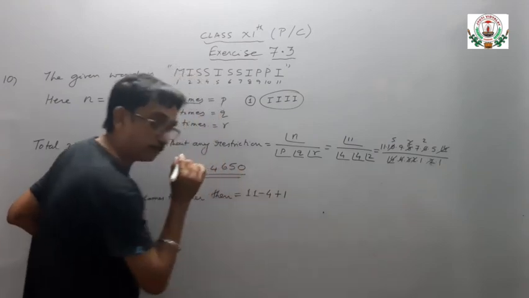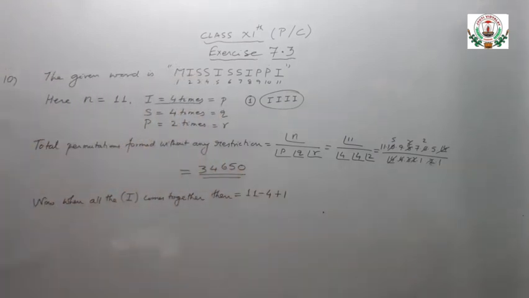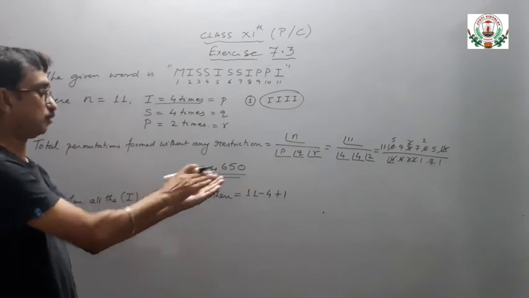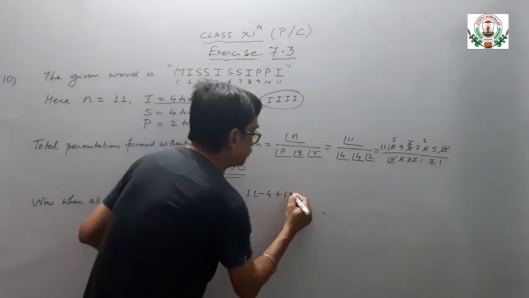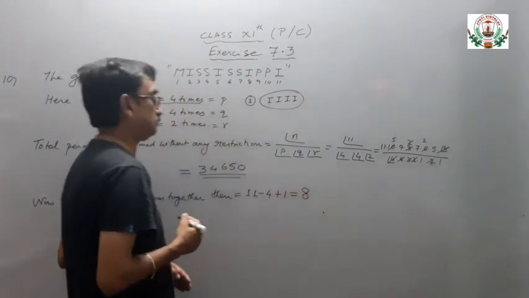From the 11 letters, I took out the 4 I's, made them one, and put it back. So 11 minus 4 is 7, plus 1 is 8.